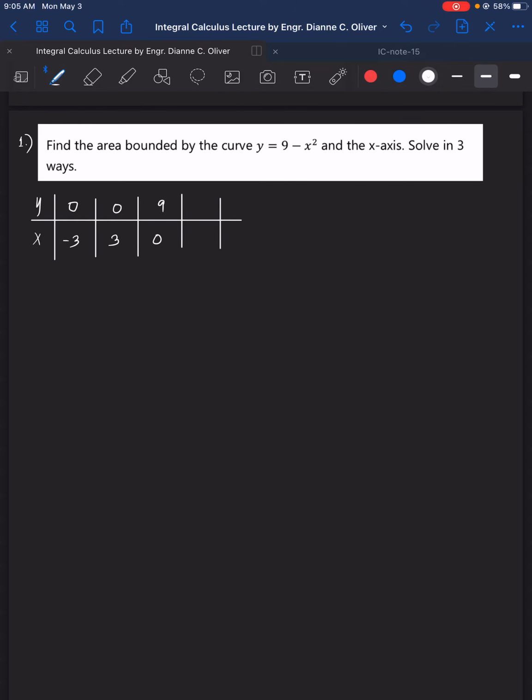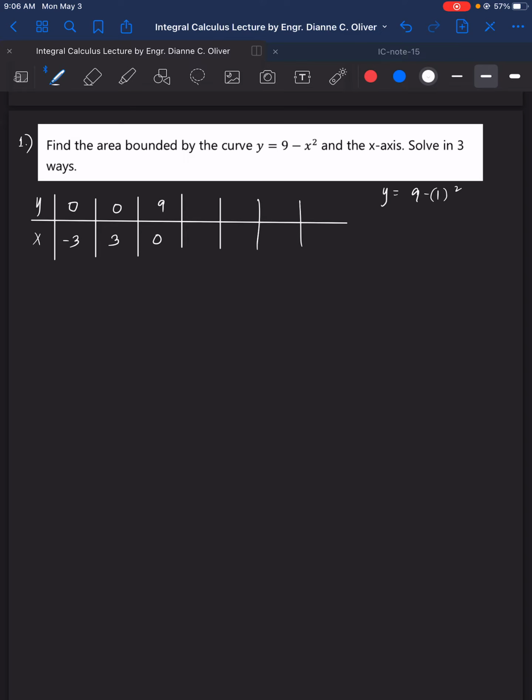And then, if we put x is equal to 1, y is equal to 9 minus 1 squared.